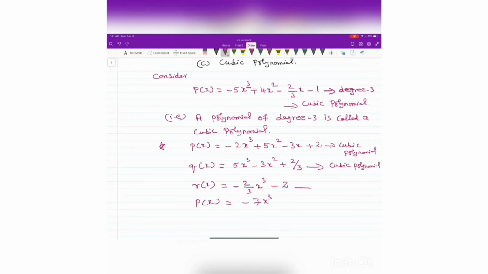The third one also, the highest power of x is 3, hence cubic polynomial. The last one, though only one term is there, the highest power is 3, therefore cubic polynomial.